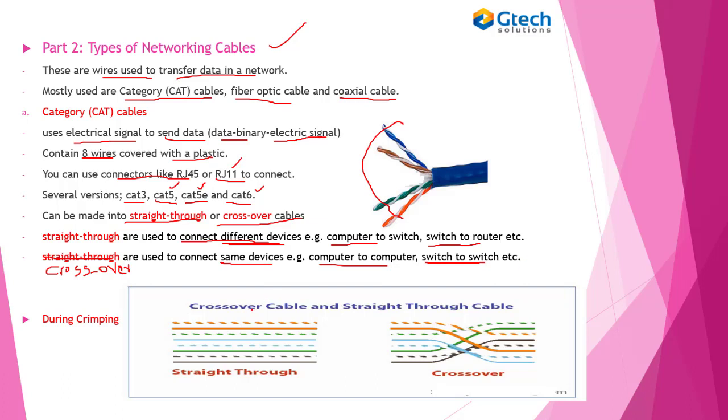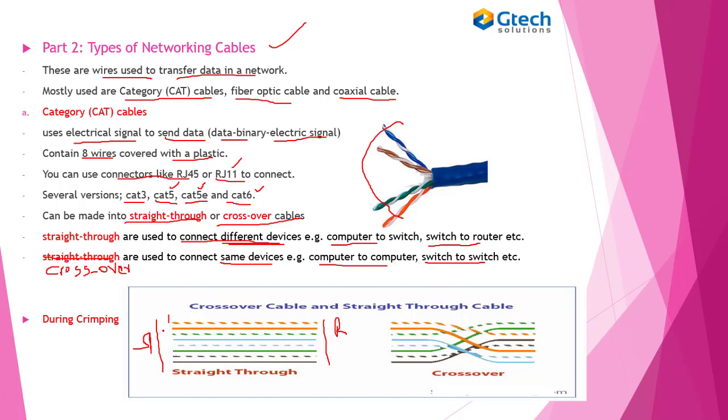Then during crimping, we have to use this style. If this one is RJ45 on this side and RJ45 on this side, we must ensure that the first cable in the alignment is white orange, I'm not good at naming colors, but white orange.